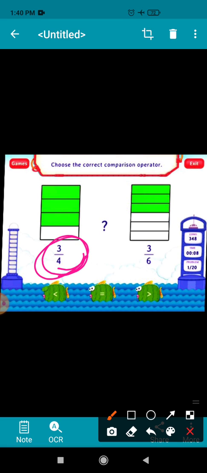So here what do you see? Numerators are the same. So by seeing their denominators you can decide which fraction is the smaller fraction. Here you can see 6 is a bigger number. It means this fraction will be the smaller fraction. So 3 by 4 is bigger than 3 by 6.